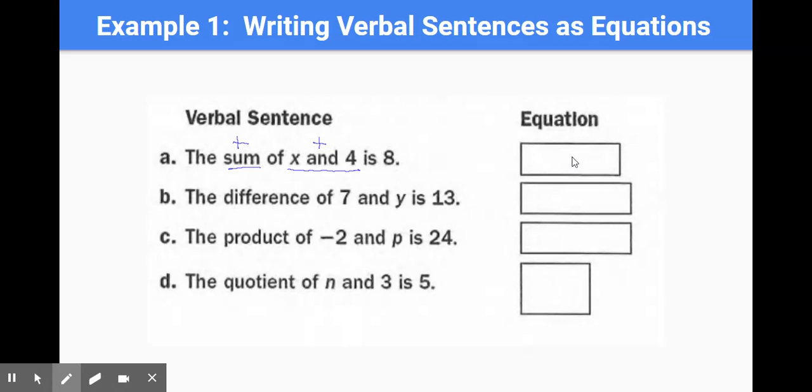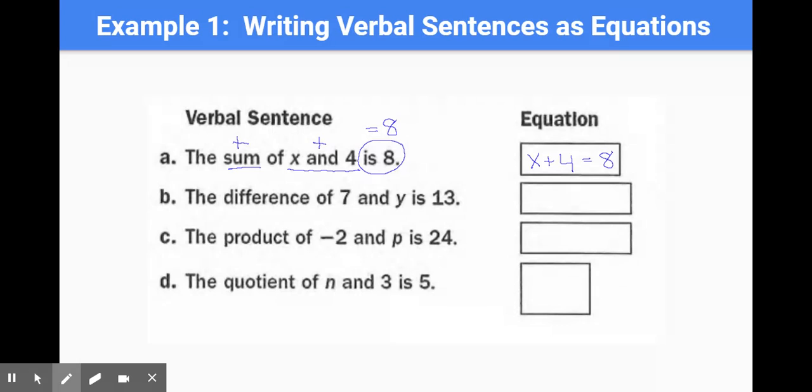So my equation will literally say x plus 4. Then the last part of the sentence said is 8. Is one of those keywords that indicates an equal sign. So equals 8. So my equation just says x plus 4 equals 8.